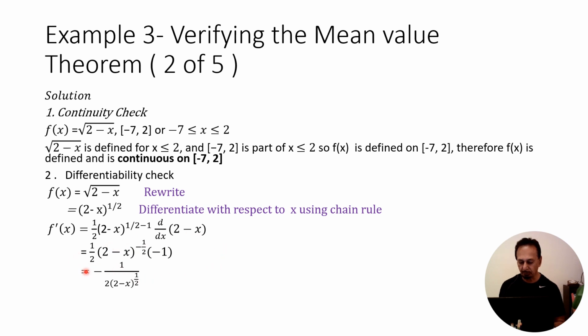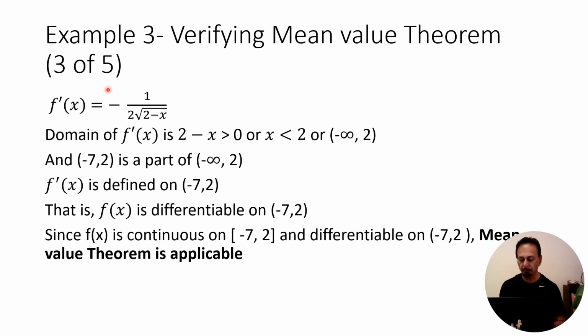So this is equal to 1 half times (2 minus x) to the power of negative 1 half, and the derivative of 2 is 0 and the derivative of x is 1, so it becomes negative 1. Now we simplify: 1 half times negative 1 is negative 1 half, and since it's a negative power, we can bring it down and make it the square root of 2 minus x.